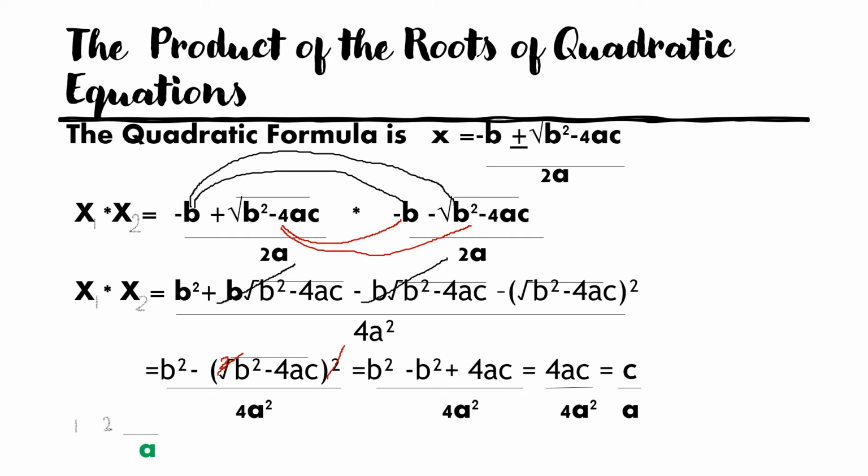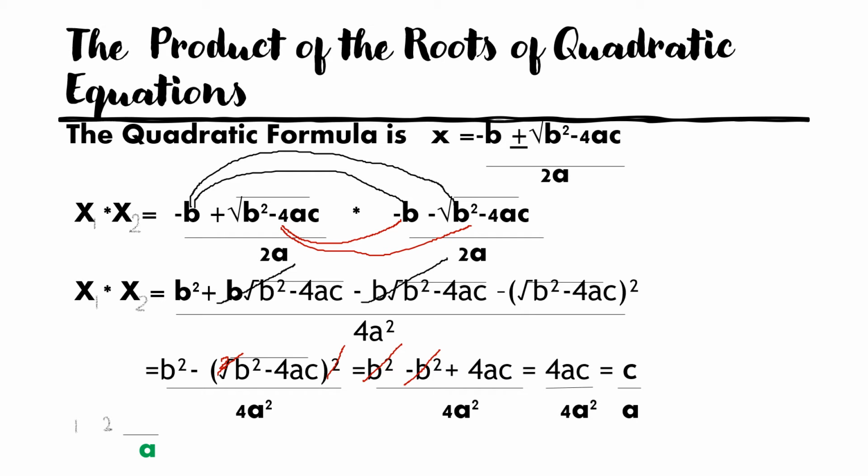So what we have now is b squared, and no more parenthesis or radical sign because we canceled out, so that is now b squared plus 4ac. Then, we can subtract: b squared minus b squared is equal to 0.